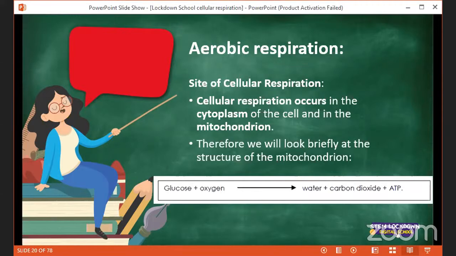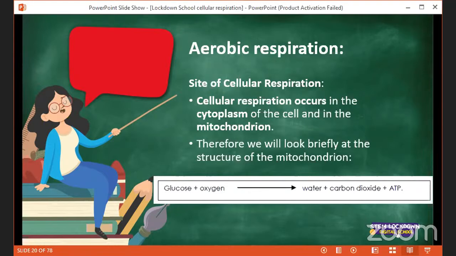So at the bottom here, if you guys can just follow with me, this is the chemical equation of aerobic respiration. It uses glucose and oxygen, and the products that form are water, carbon dioxide, and ATP.